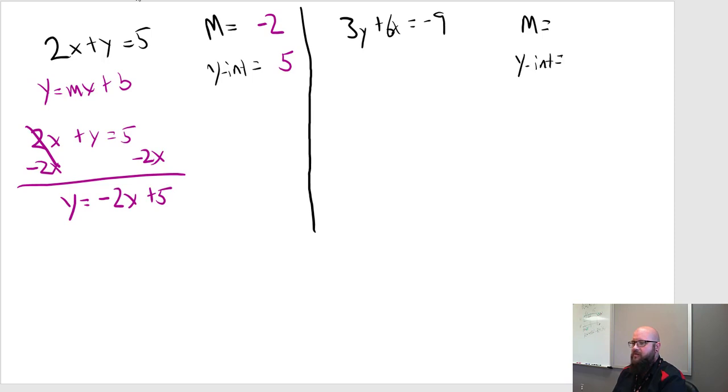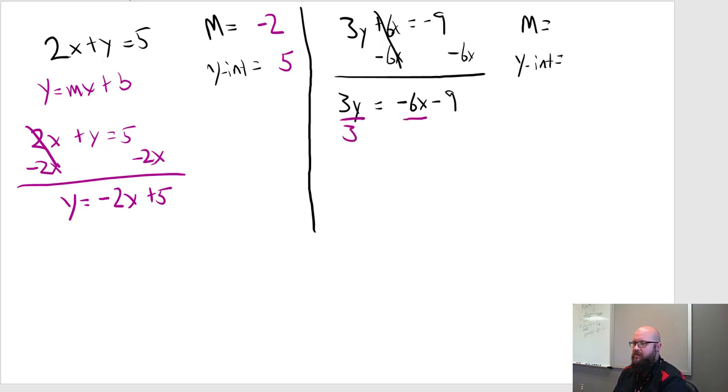So if we want to do that, let's go ahead and subtract 6x from both sides. On the left-hand side, we're left with a 3y. The 6x goes away, and we're left with -6x minus 9. Now to get rid of that 3 on the y, we're going to divide by 3 on both sides.